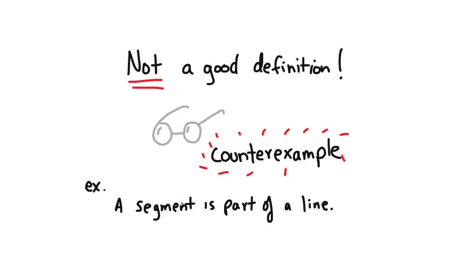So a counterexample for this is, well, it doesn't necessarily have to be a segment. It could be a ray. A ray would be the counterexample. A ray is also part of a line. So this is not a good definition. So we can put an X here.